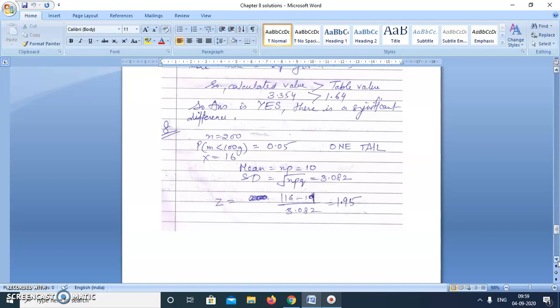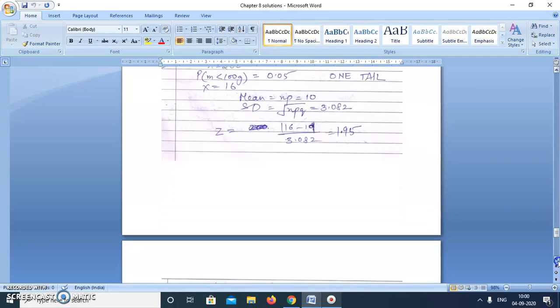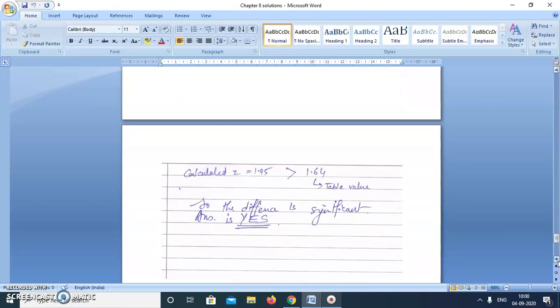And we have to see that 16 is the reading we take from the sample and 10 is the mean of the population. So we'll find whether the difference is significant or not. The Z value calculated is 1.95. The question asks, does this indicate that the batch was not of usual standard?